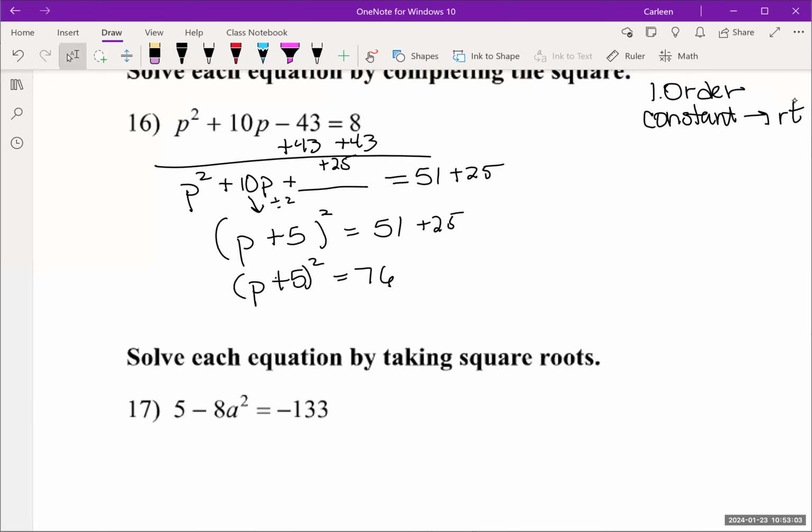Next, in order to simplify this, I need to get rid of the squared term. A square root is the inverse of squared, so we'll get rid of it. So p plus 5 is equal to plus or minus square root 76.